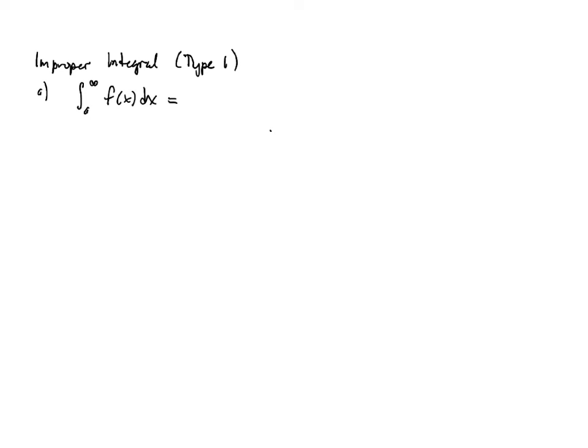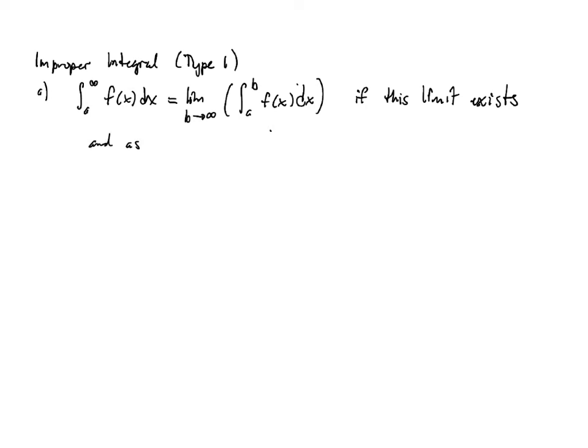And this is defined to be, just like we did in the previous example, a limit as the right-hand endpoint goes to infinity of the integral from a to b, b being the right-hand endpoint, of f of x dx, if this limit exists, and furthermore, we have to assume that the integrals from a to b of f of x exist for all b.